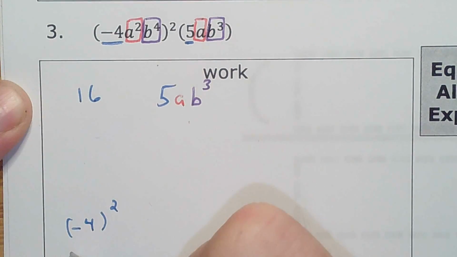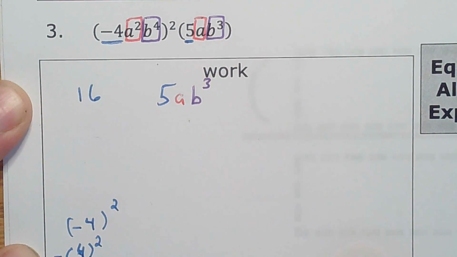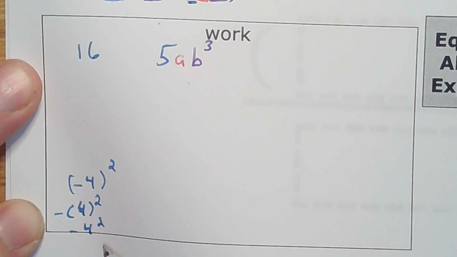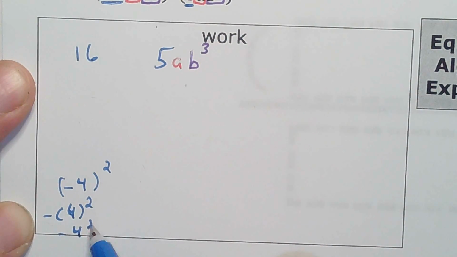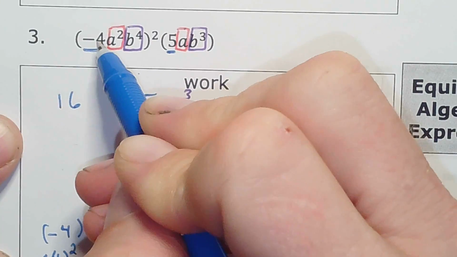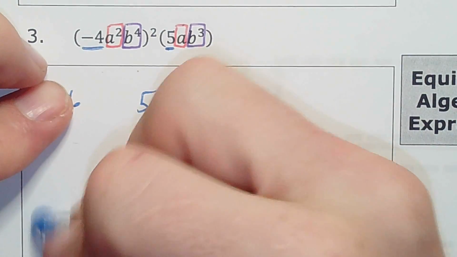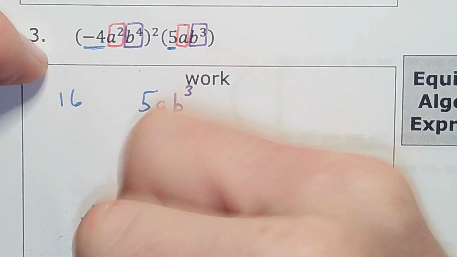Not the same as writing negative 4 squared without parentheses. Because of PEMDAS, order of operations, you have to square the 4 first and then make it negative. So that would be negative 16, right? But since this is inside the parentheses, you square the negative sign, okay? So I just want to make that clear.